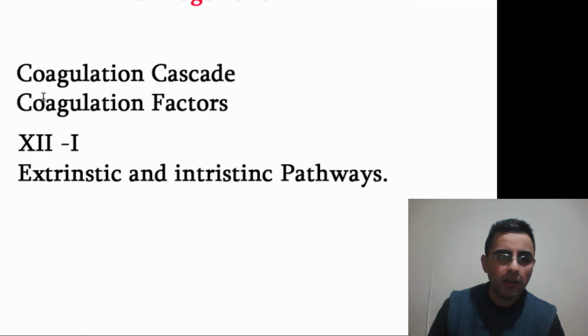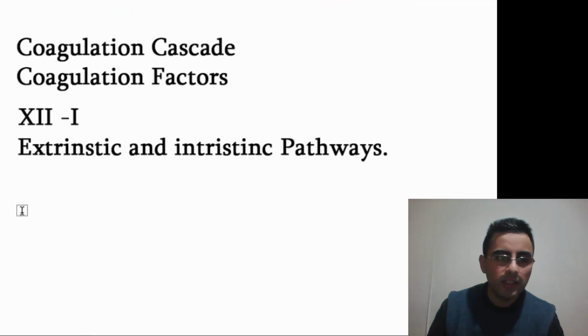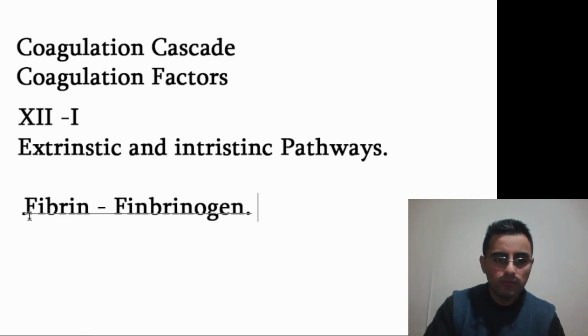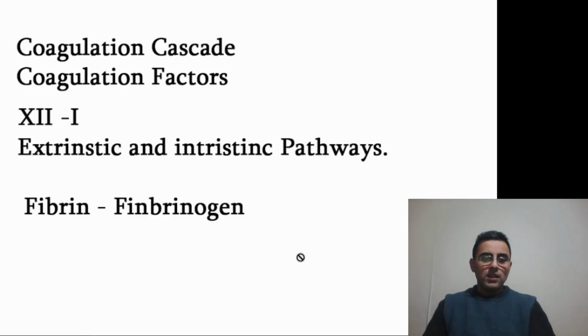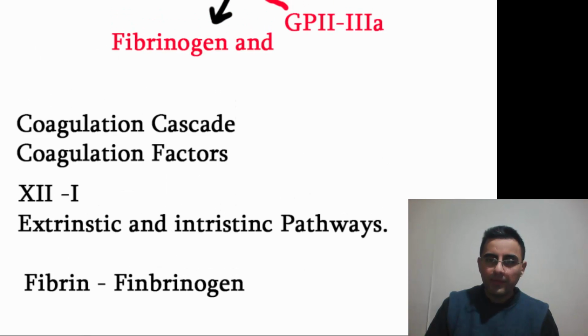And the main idea of this coagulation cascade is the formation of fibrin from fibrinogen. Fibrin from fibrinogen. It's the main idea of this coagulation cascade, and about this coagulation cascade we will talk separately.